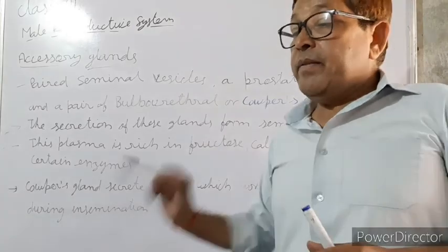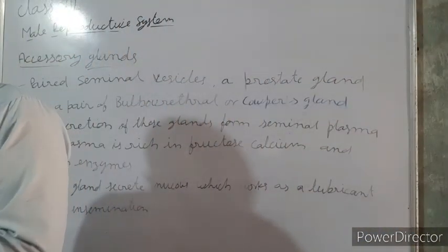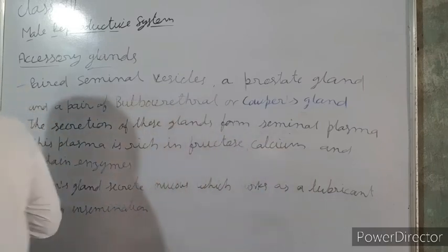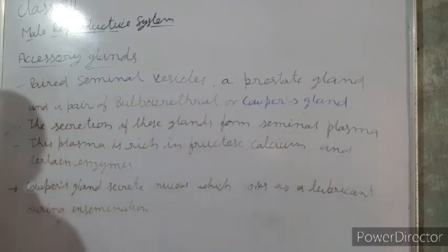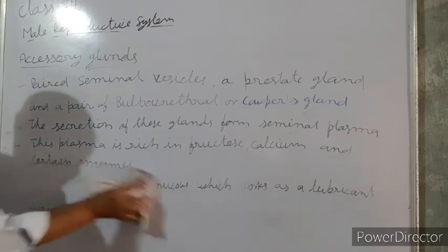Next, one part remains, that is the external genitalia. After the accessory glands, next is the external genitalia.